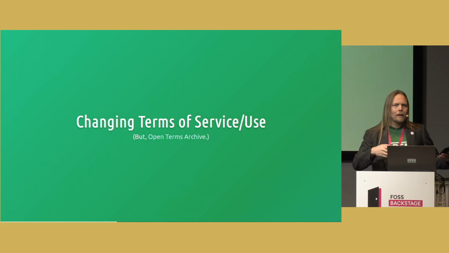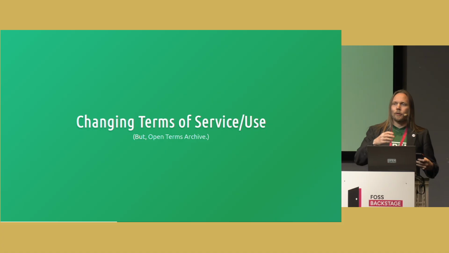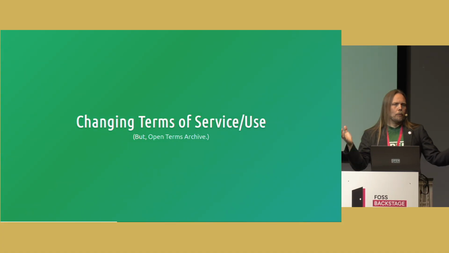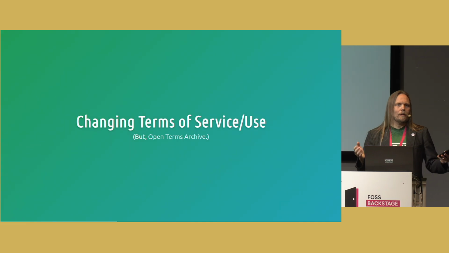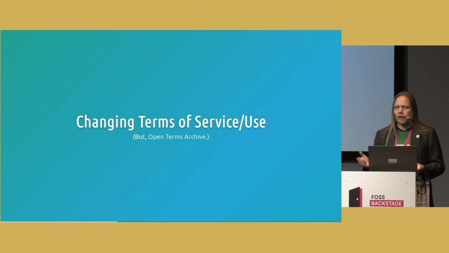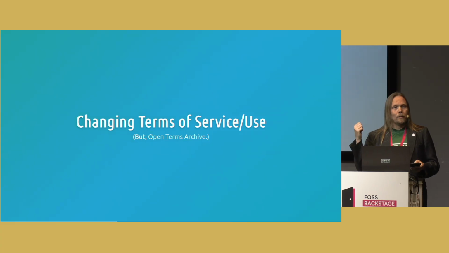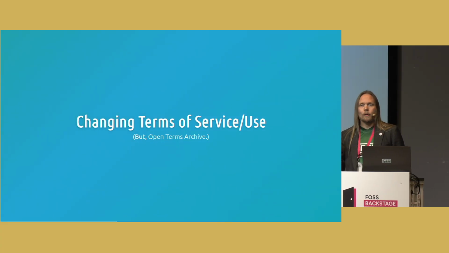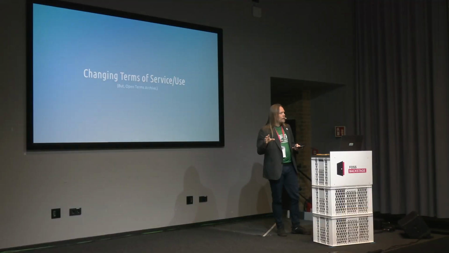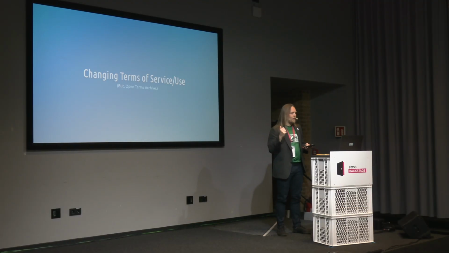Then you get an email: we're changing our terms of service. You don't even see the changes there. You have to click through and read legalese. And perhaps now they're also saying, we reserve the right to use all data you're putting into our system for training our AIs. Luckily, we have the Open Terms Archive now, who's keeping track of a lot of these big players, providing diffs and also making a lot of noise. So check them out. They're really good.